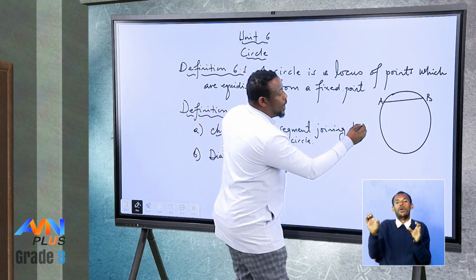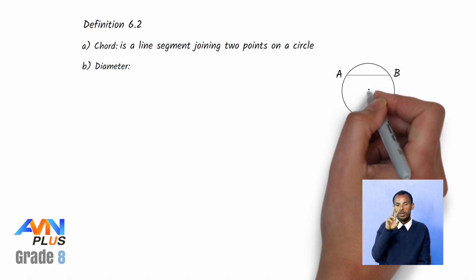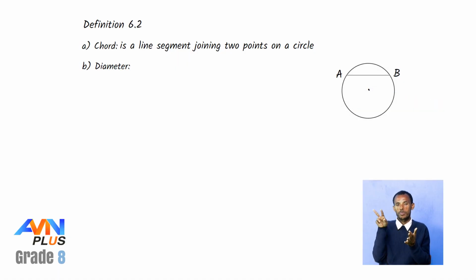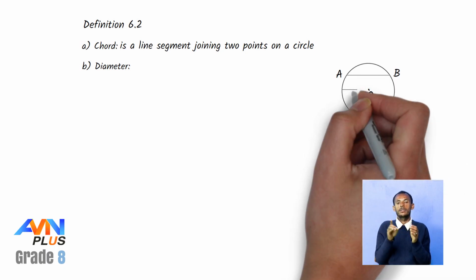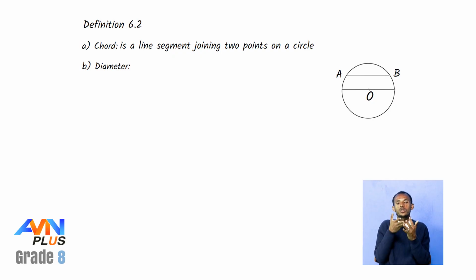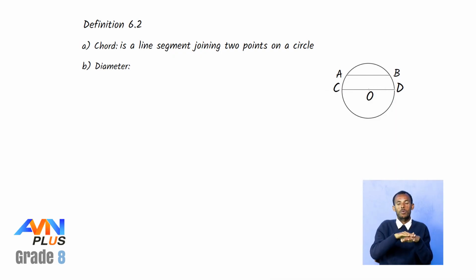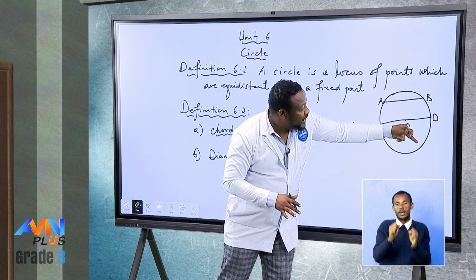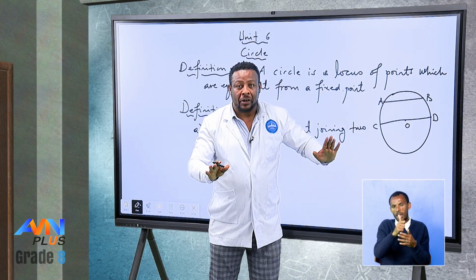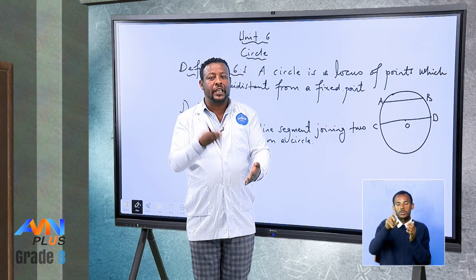Assume the center of the circle is somewhere here, with center O. The diameter is a chord passing through the center and joining 2 points on the circle.